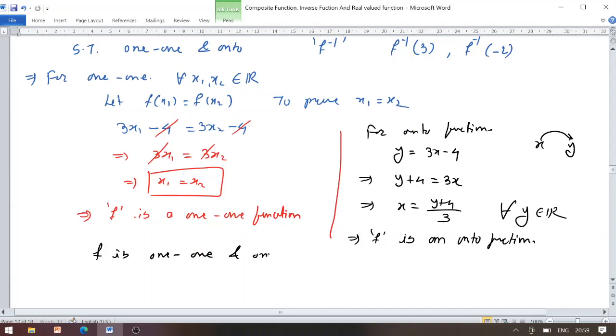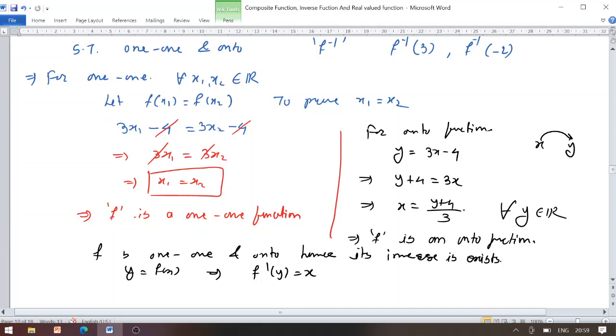Once the given function f is one-one and onto, hence its inverse exists. So once we have y equals f of x, that implies f inverse of y equals x.